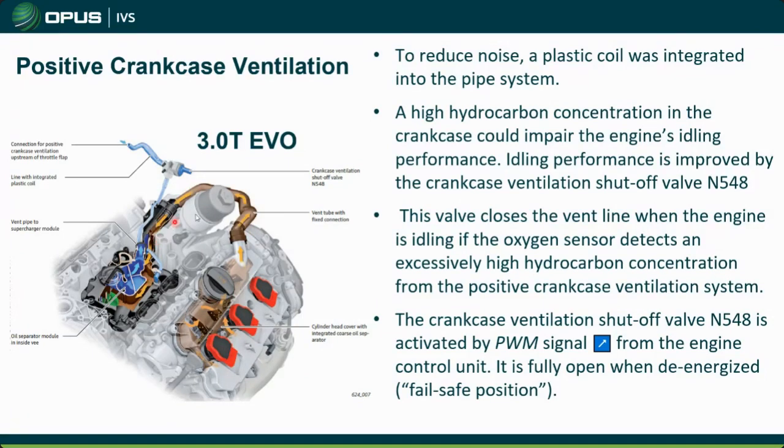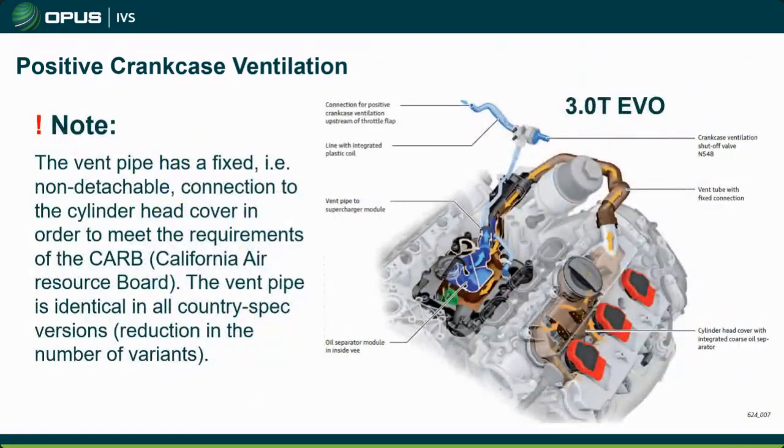And I will say that you don't really see the freeze up as much on the newer vehicles as you do on the older ones. So the other thing to note on these here is that this vent pipe is permanently connected to the valve cover.